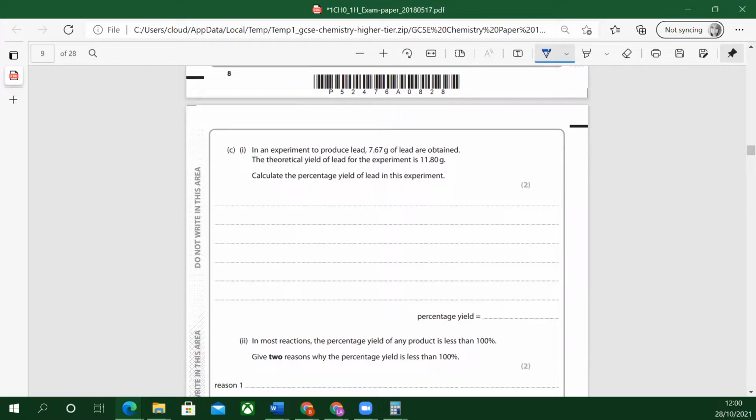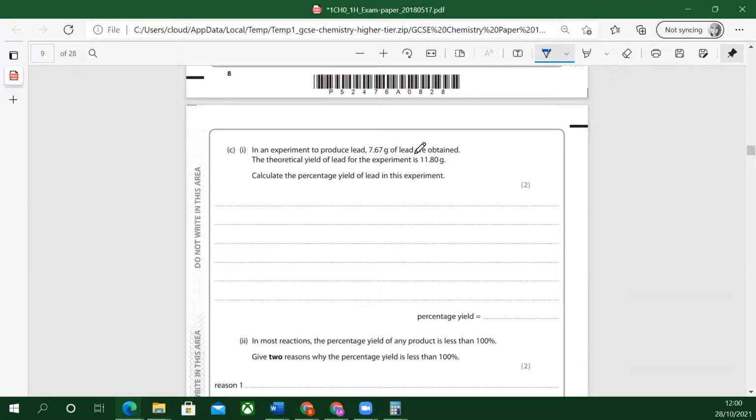Part C. In an experiment to produce lead, 7.67 grams are obtained. Again, look at the units, very important here. The theoretical yield of lead for the experiment is 11.8 grams. Calculate the percentage yield of lead in this experiment. Again, it's like efficiency. We want 100%, but we don't get it.